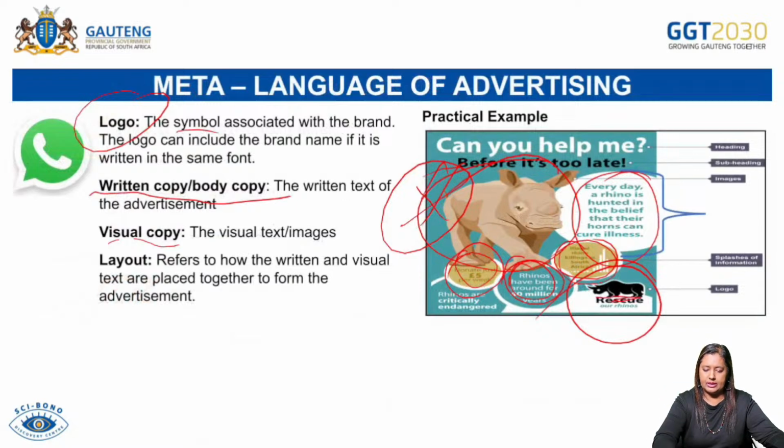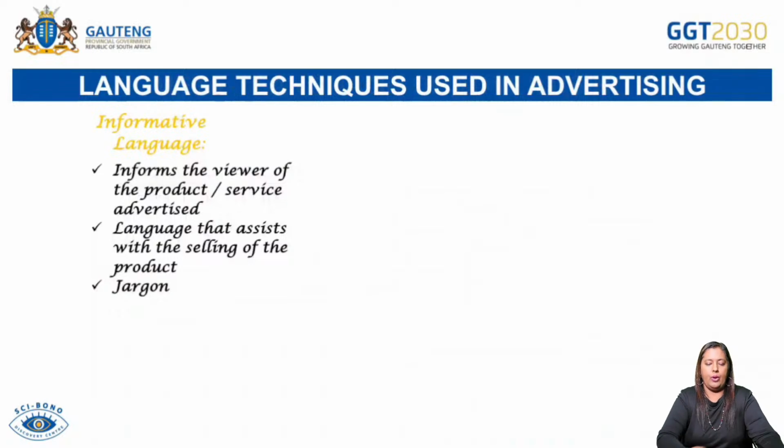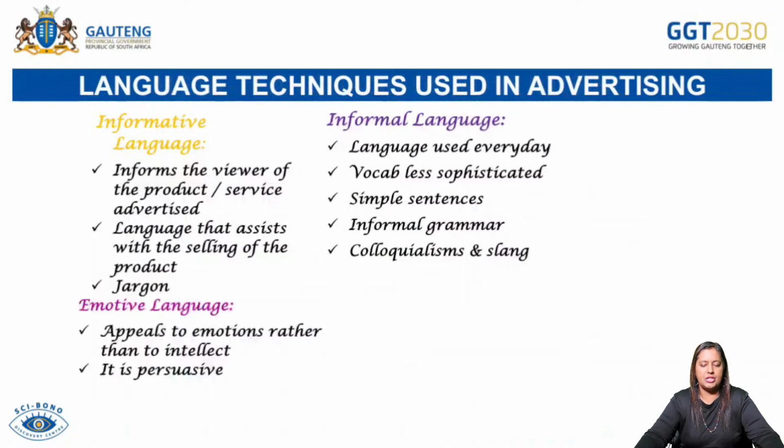Obviously, the symbol here is of the rhino. That would be immediately dealing with what we need to do, okay? The symbol associated with the brand, okay? The logo. Good.